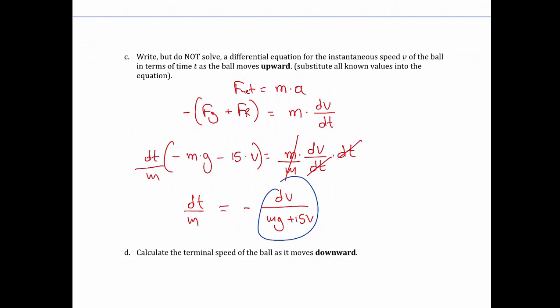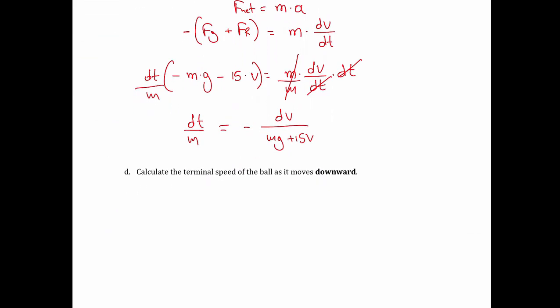But again, this is not 100% necessary, since the question says do not solve this equation. And finally, we need to calculate the terminal velocity as the object moves downwards. So as the object moves downwards, we have the force of gravity, that is mass times g, and since the velocity is downwards, the air resistance will be in the opposite direction, so it is 15 times v.